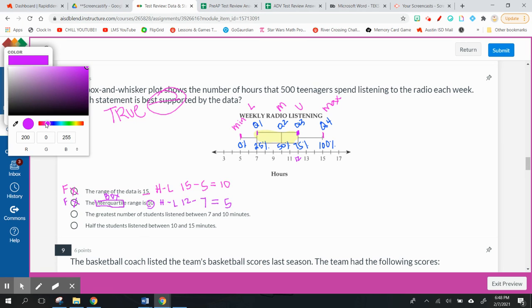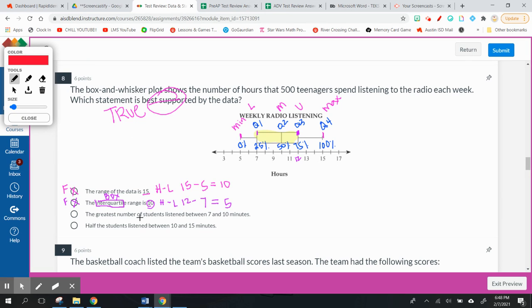All right, let's grab another color. The greatest number of students listened between 7 and 10 minutes. So I'm just going to highlight from 7 to 10, which is this quartile right here. The greatest number of students. All right, I'm going to remind you guys of something that we already identified. What percentage of our data is in each section? Each quartile equals 25%.